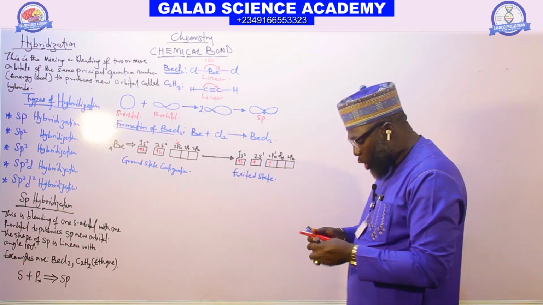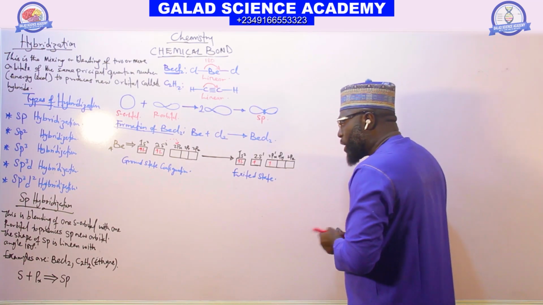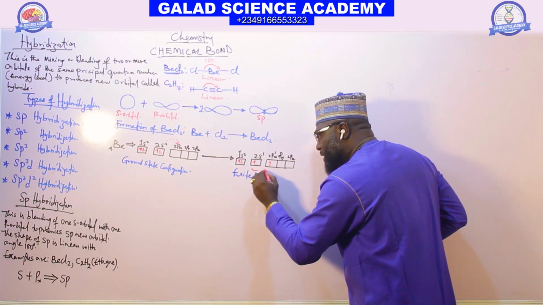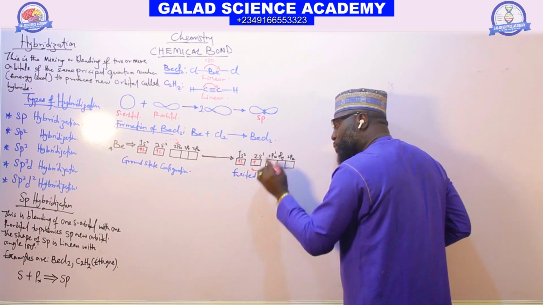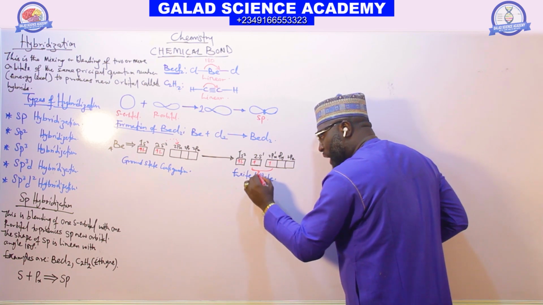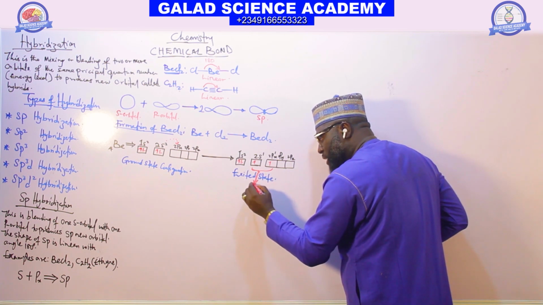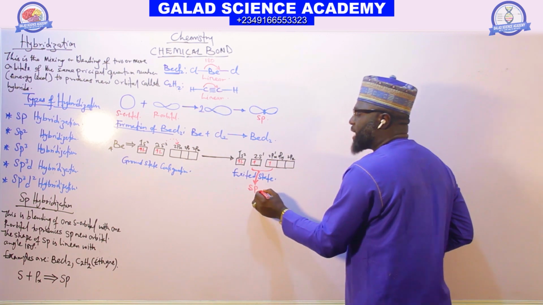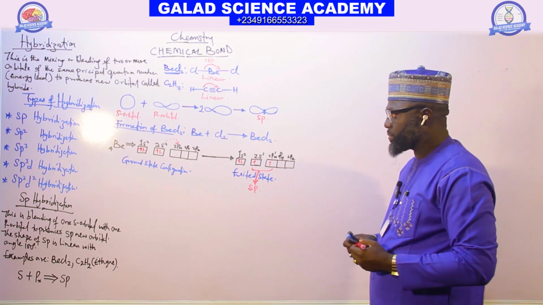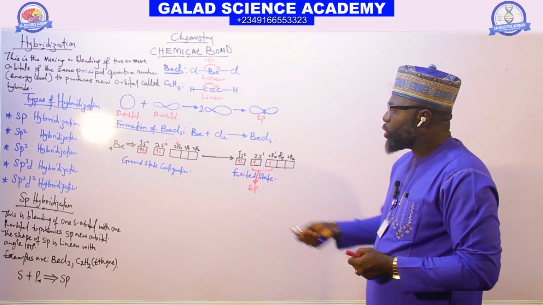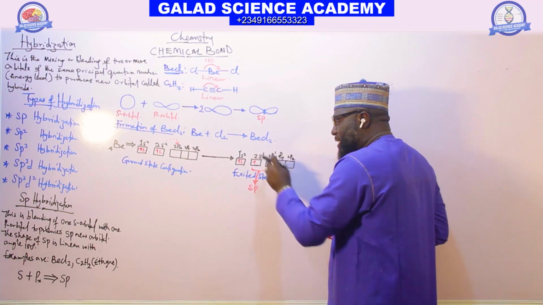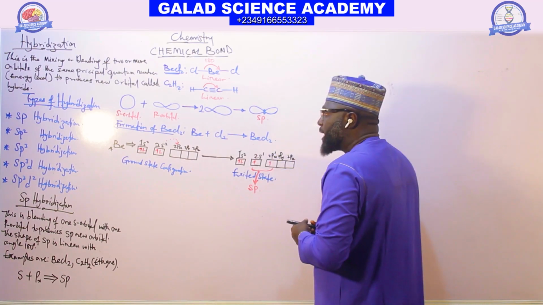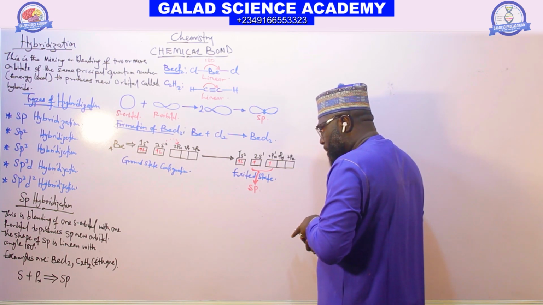So at this level now, if I try to mix the orbital of 2s and these 2p together, it will give me sp hybridization. So this s that we have here, this is the structure here.